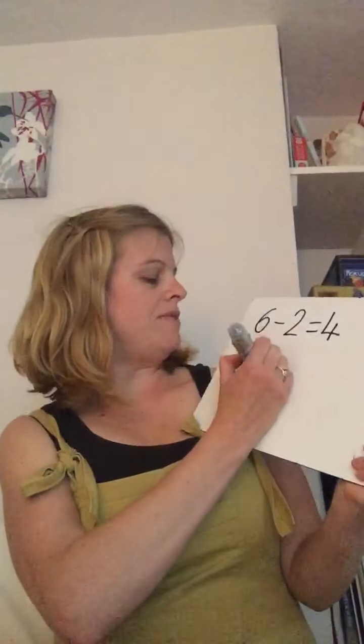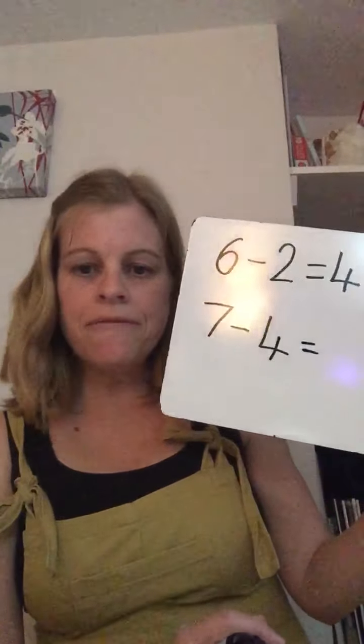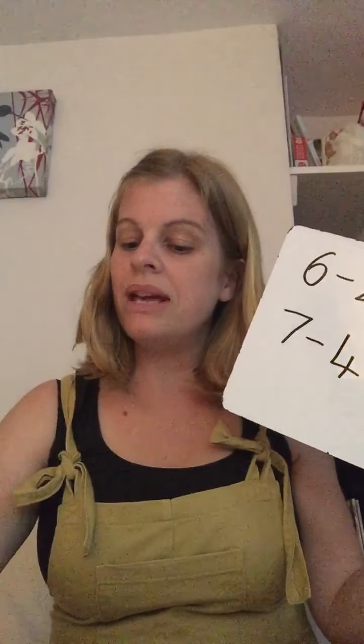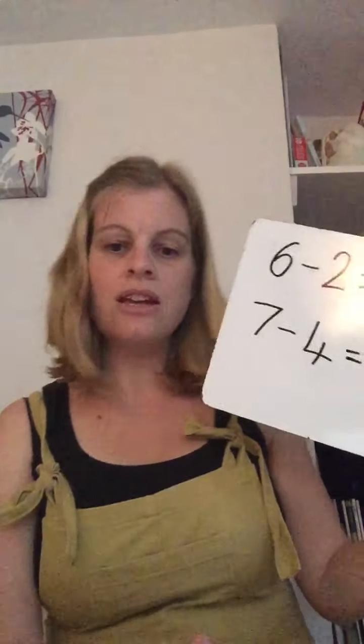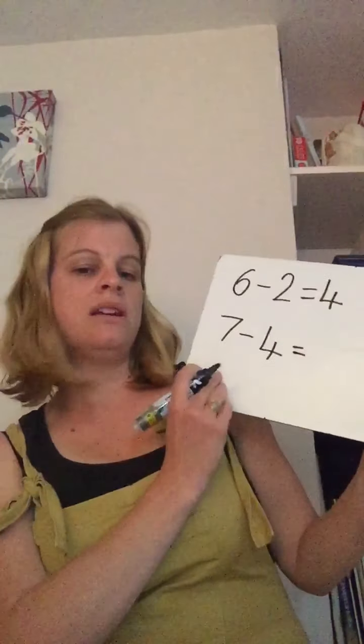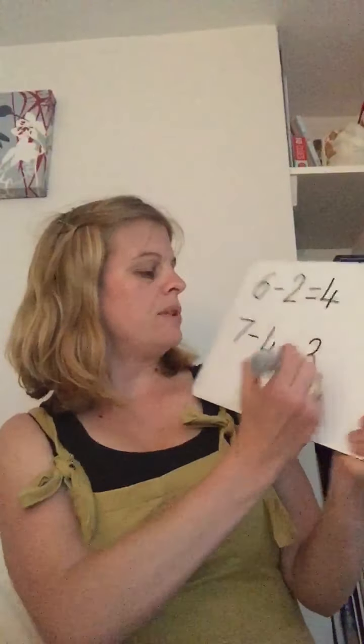Move them out of the way. 1, 2, 3, 4. So 7, and we've taken away 4. How many are you left with? You're left with 3. So 7 take away 4 is equal to 3.